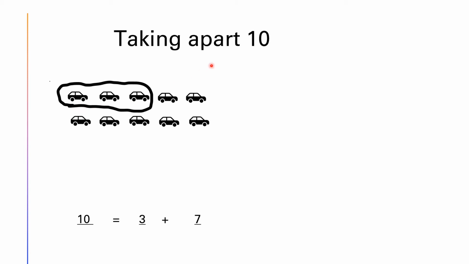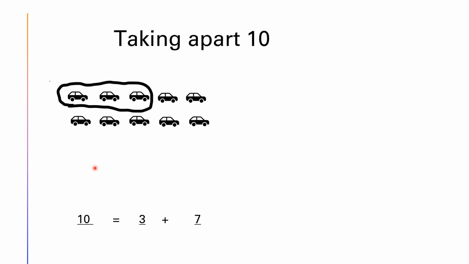How many cars are outside of the circle, kindergarten? Let's count. 1, 2, 3, 4, 5, 6, 7. So we've identified our two number parts that make 10. 3 cars that are circled and 7 cars outside of the circle.